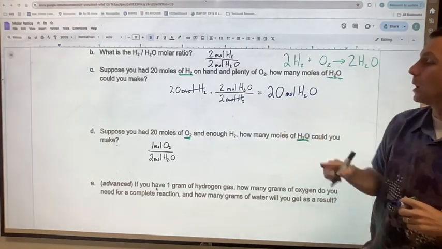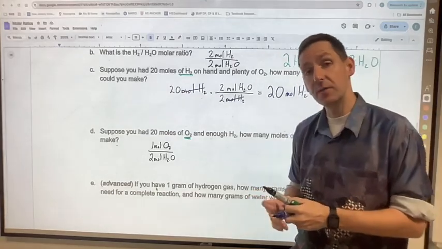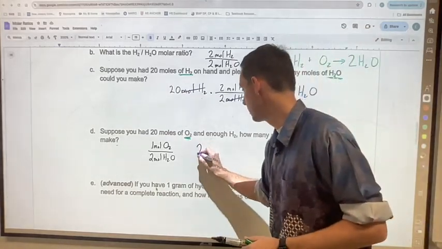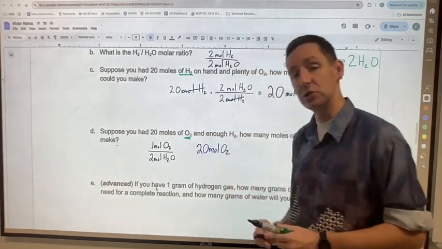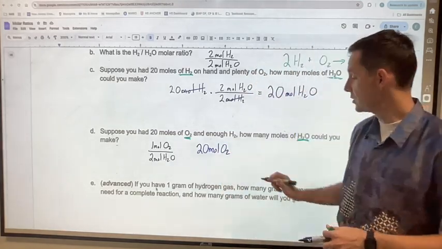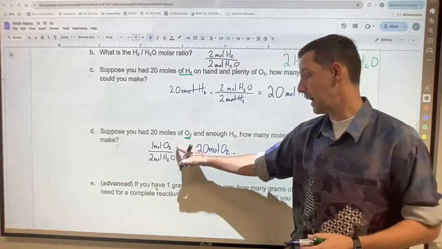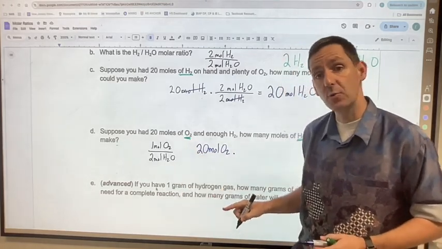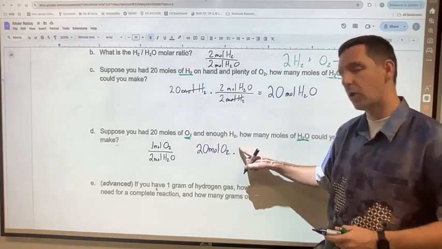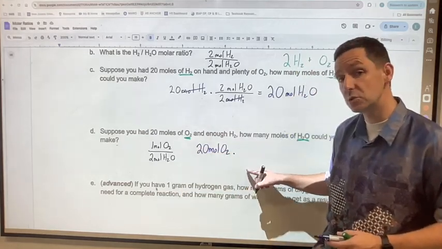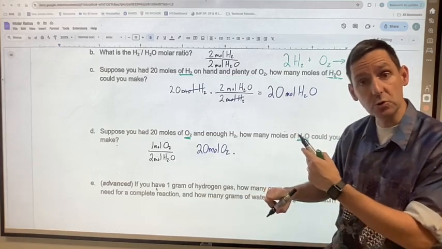Okay? So with this, I'm now going to write down that I'm starting with 20 moles of O2, and then I'm going to multiply that by my ratio. Now the ratio, again, notice that I've got O2 on the top. I really want to be able to cancel out the moles of O2, so I'm going to put the moles of O2 on the bottom.